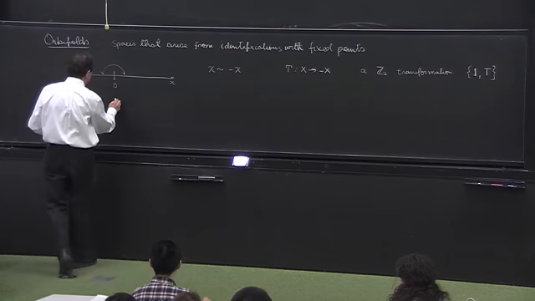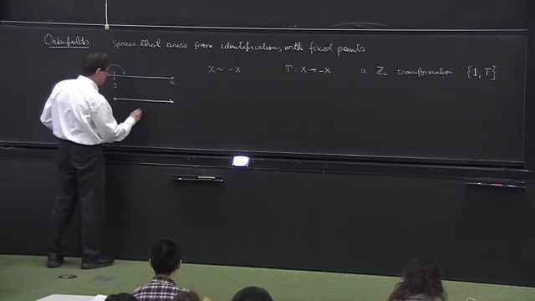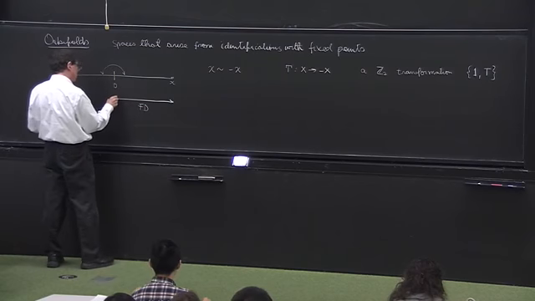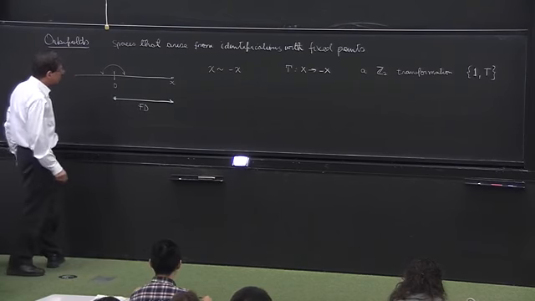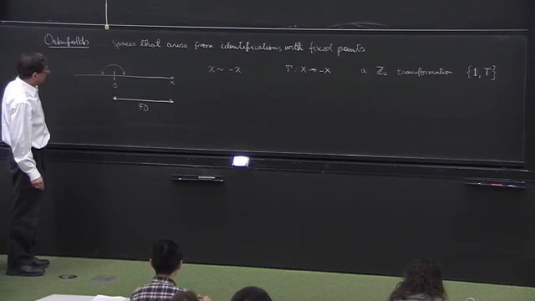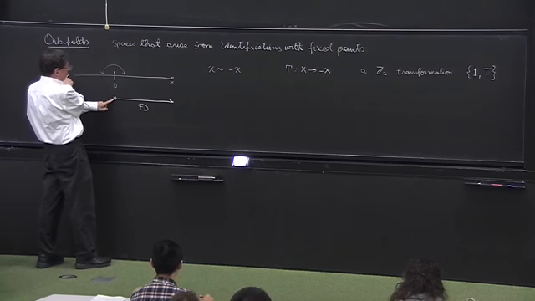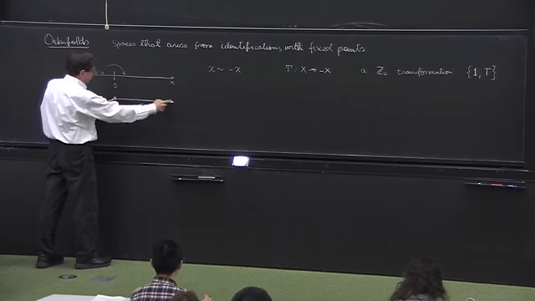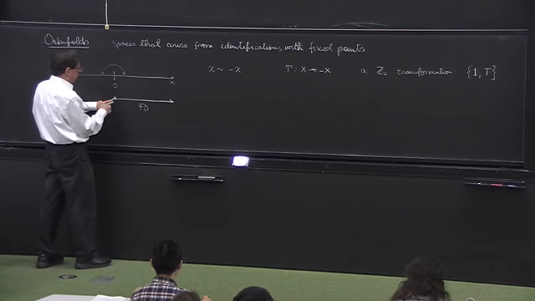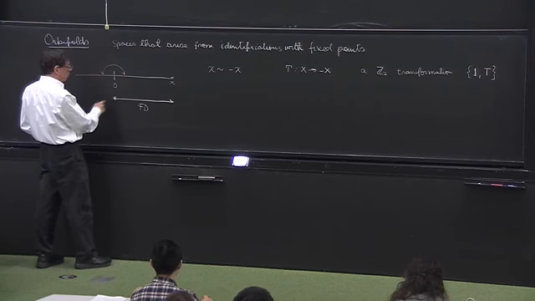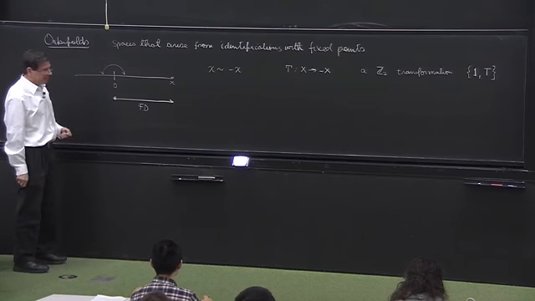So a fundamental domain would be this, including the origin. So every point must have a representative. Every point on this space is certainly identified with 1 point here, so it has a representative. And no 2 points here are identified with themselves.